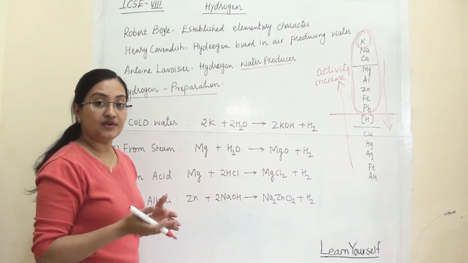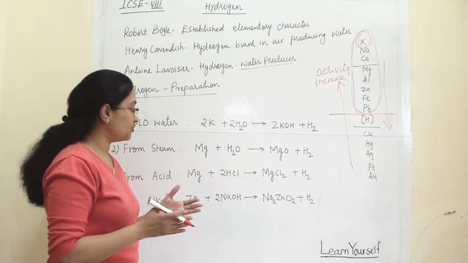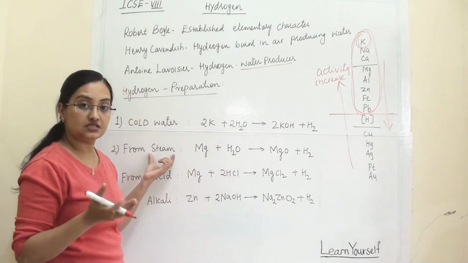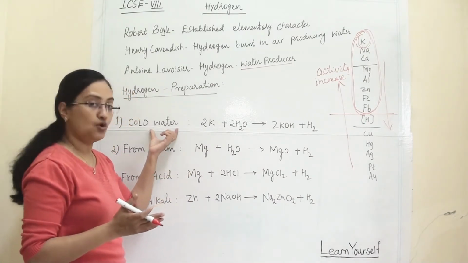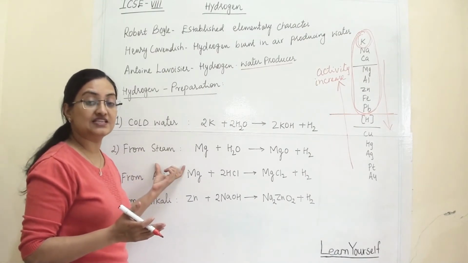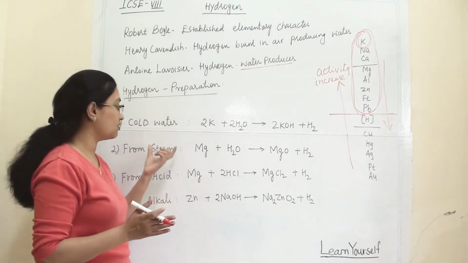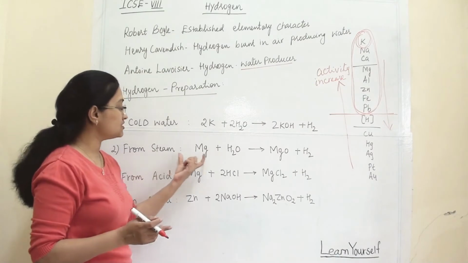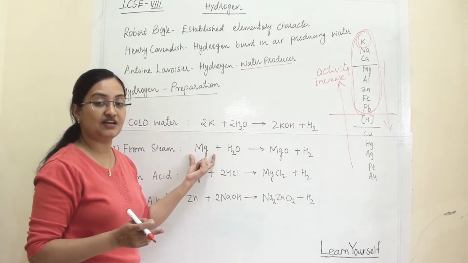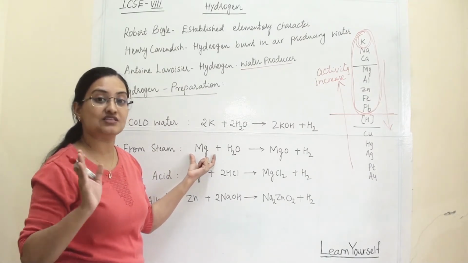So to perform the reaction and get the products, we need more heat than with cold water. So we are using steam and not cold water. If you use cold water with magnesium, your reaction will probably not start.